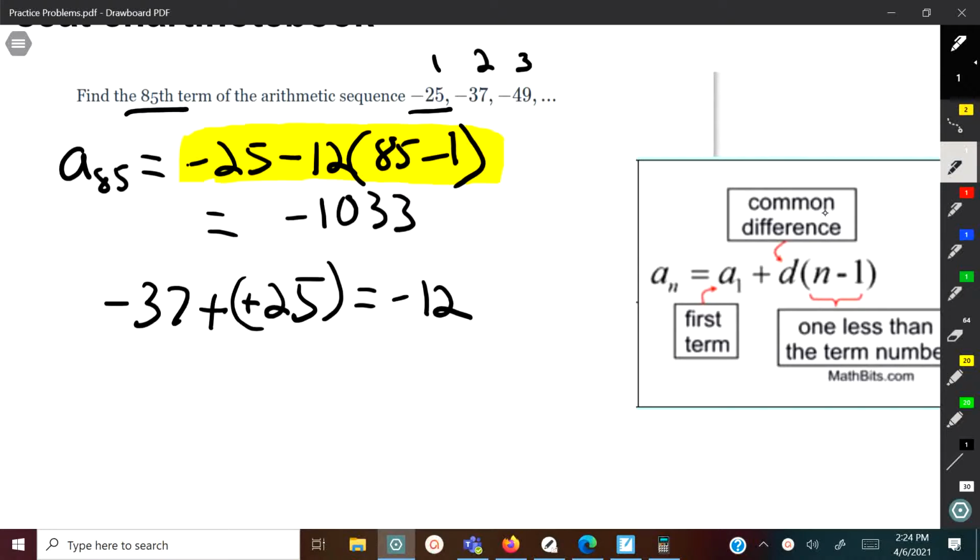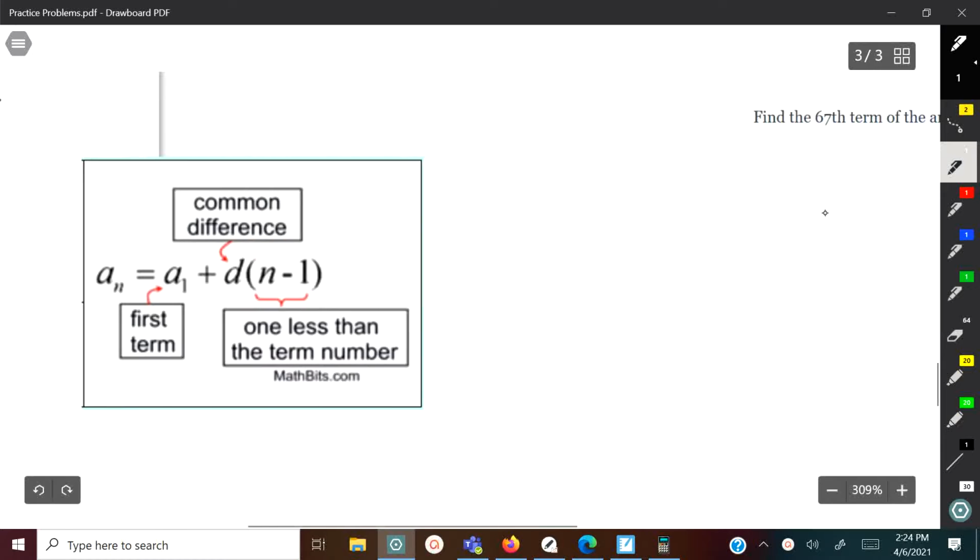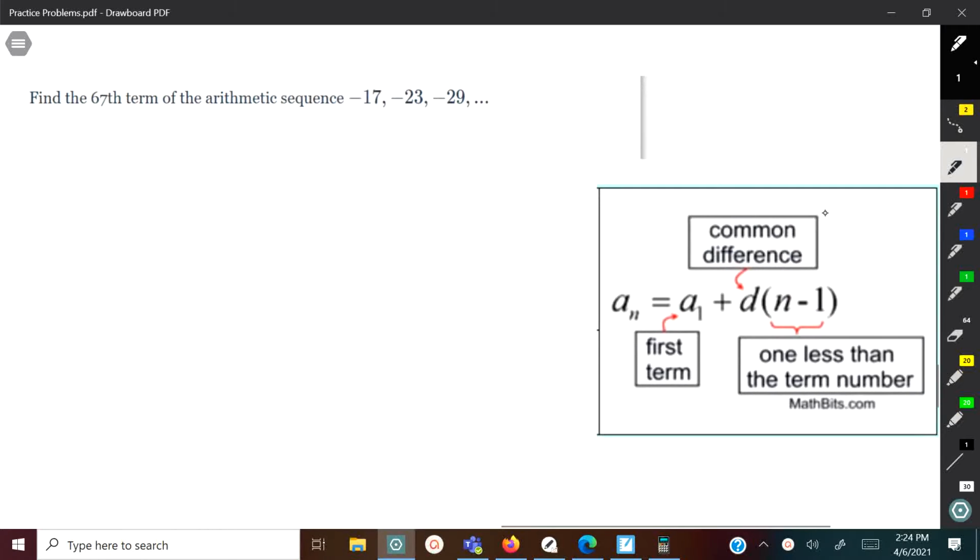So all you have to do is find your common difference, first term, and whatever term they want us to find. Plug it in the formula, type in the calculator, get your answer. So go ahead and take a look at this one. You can pause the video here and see if you can solve that.